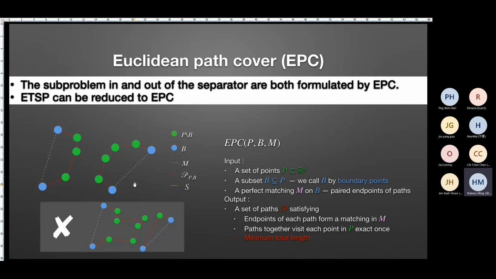That means if we consider the input of EPC, then we would like to find the red lines as the paths. And furthermore, we would like the paths to have the minimum total length. So this is our formulation of the subproblem of the divide and conquer algorithm.